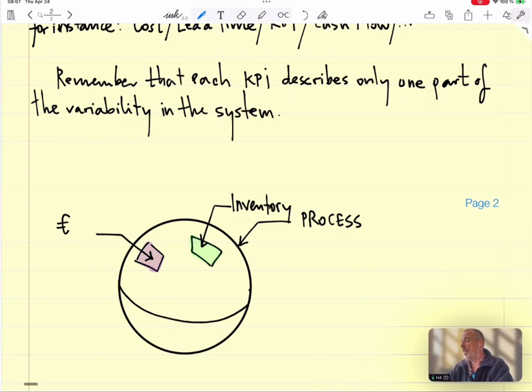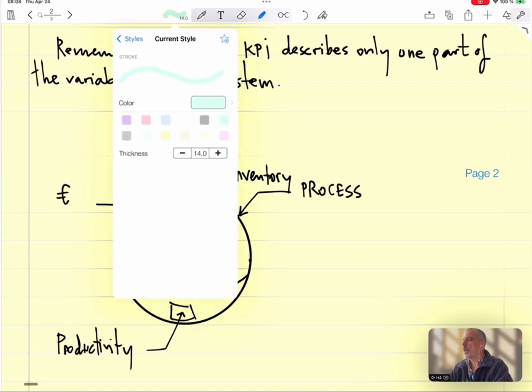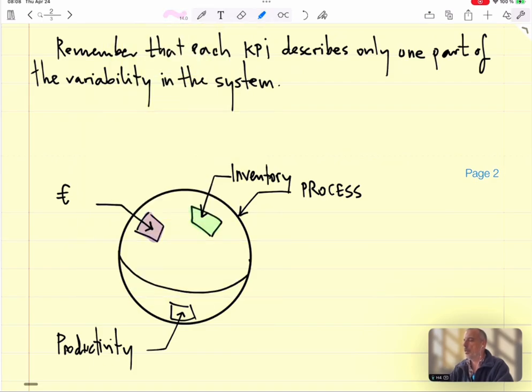And then the guy from production, who is coming from the other side, is saying, no, we need to bring productivity up. And for him, the world is rosa.